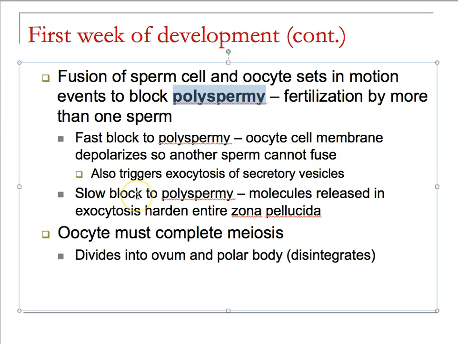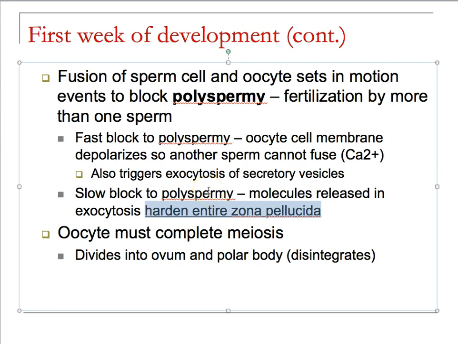The slow block is going to be a calcium mechanism, Ca2+, which creates a wave that covers the surface. What's going to happen now is the slow block to polyspermy causes the hardening of the entire zona pellucida.